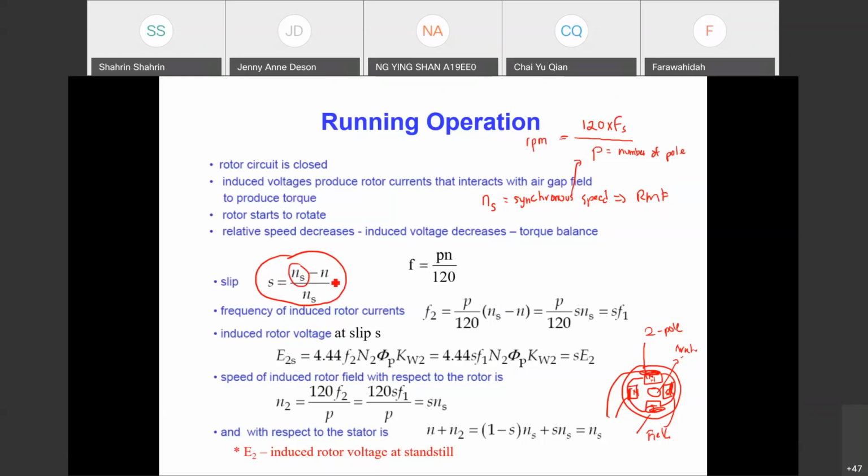NS minus NM is what we call the slip speed. Meaning that slip is equal to slip speed over NS.